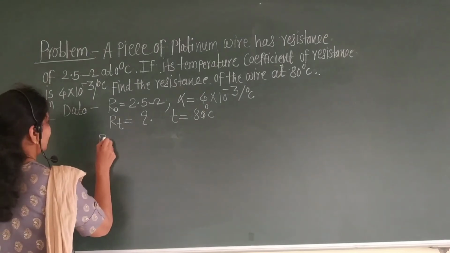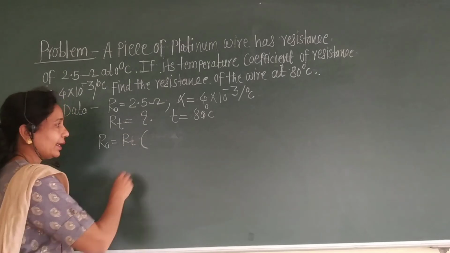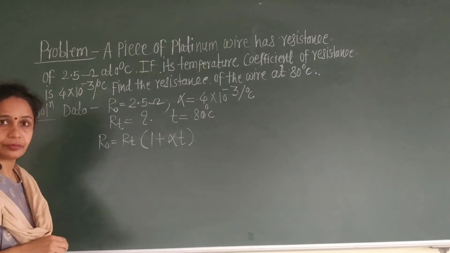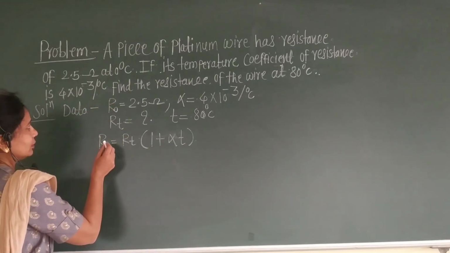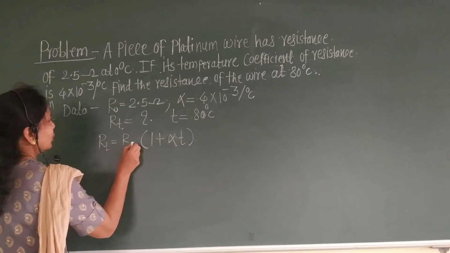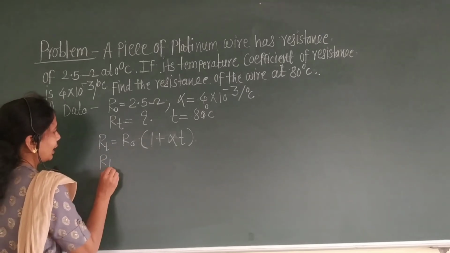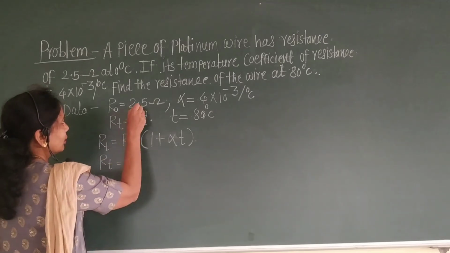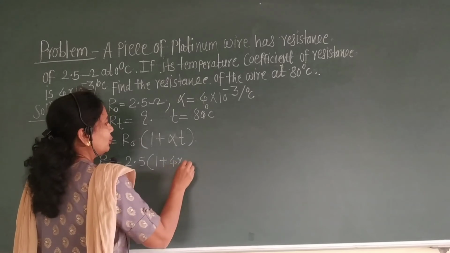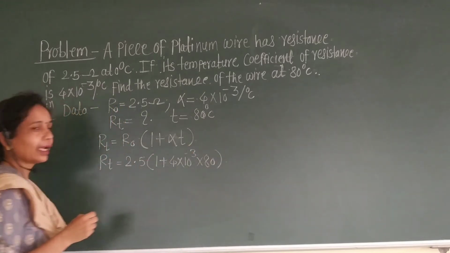The formula is RT is equal to R naught into bracket 1 plus alpha into T. Therefore, RT is equal to R naught 2.5 into 1 plus alpha, 4 into 10 raised to minus 3, into 80.